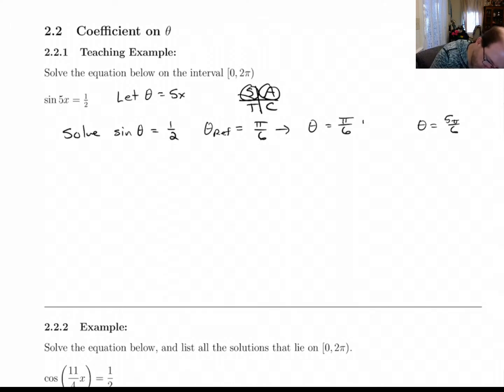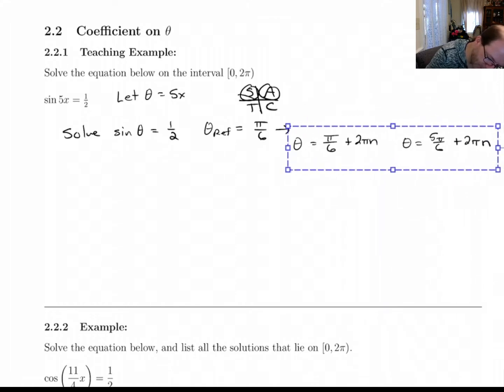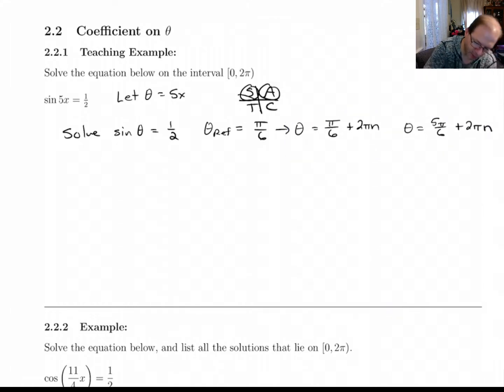And I'm going to go ahead and put the plus 2 pi n in here. So we find all of the solutions, not just the ones that lie between 0 and 2 pi.